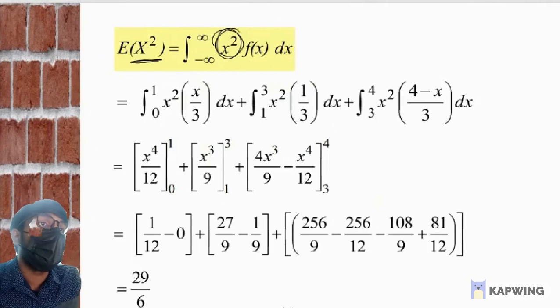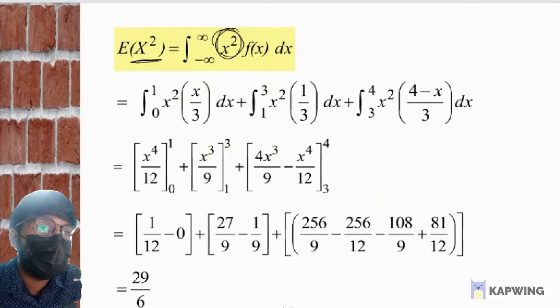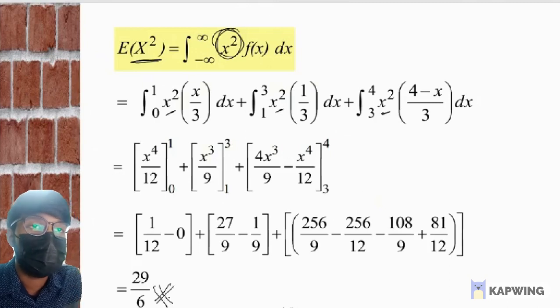As with finding the mean, we take the limits from 0 to 1, 1 to 3 and 3 to 4 and substitute the functions. Remember, we need to use x² to find the answer. After we do the integration, we get 29 over 6.